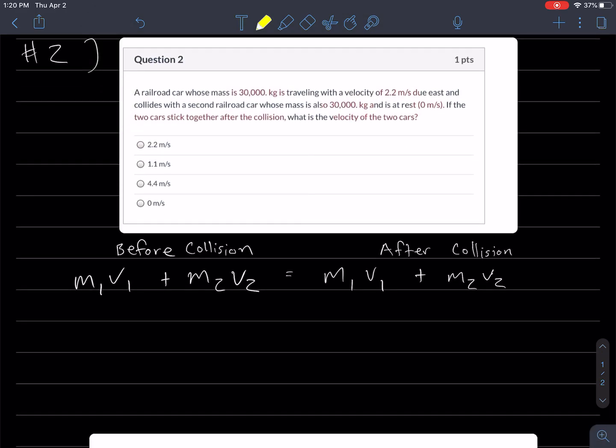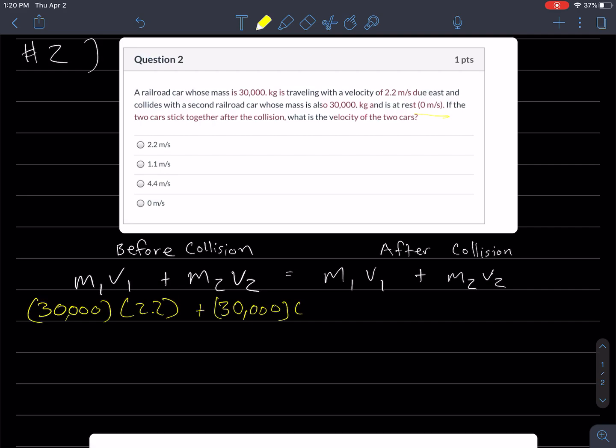All right, so our first step always is write out the formula we're going to use. We've already done so. Next is let's plug in the numbers we already know. So we know the mass of our first object is 30,000 and the velocity is 2.2. We're going to add this to the mass of our second object, which is also an identical 30,000, multiplied by its velocity.